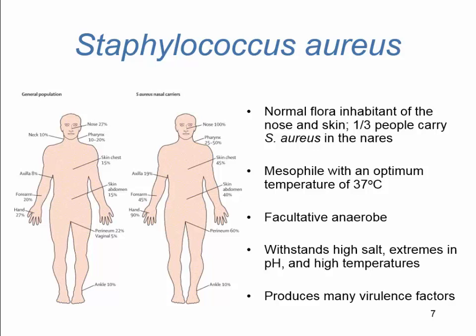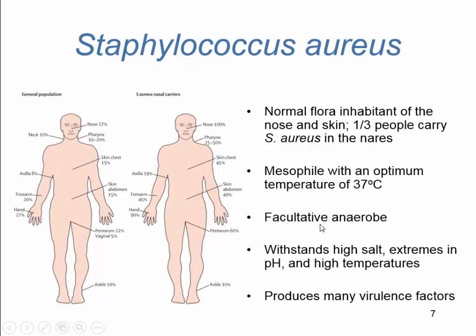But for clinicians, it's sometimes worrisome in the sense that there are methicillin-resistant forms of Staphylococcus aureus, so as a clinician you may do a nares swab, and you may undergo treatment if they fear that you have an MRSA strain. This bacteria is a mesophile, meaning it can grow readily at body temperature, which is 37 degrees Celsius. It is a facultative anaerobe.